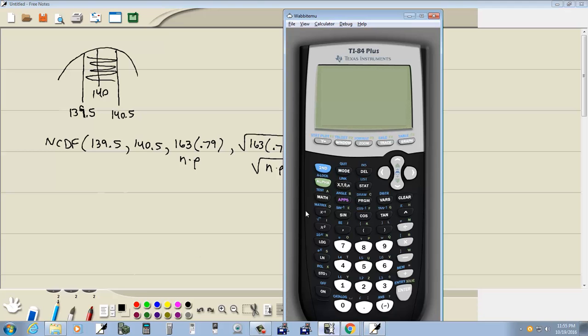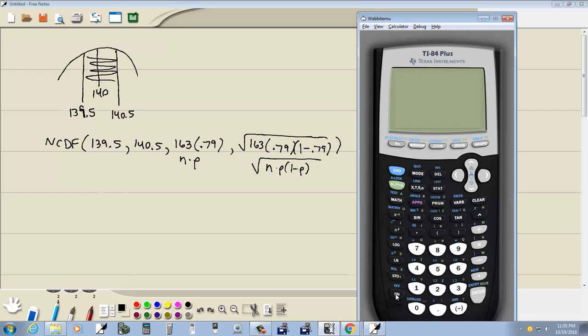Okay, so we're going to have second bars, normal CDF, 2, and we got 139.5, comma, 140.5, comma, 163 times 0.79, comma, square root, so second x squared, of 163 times 0.79, and I'm messing up here, and then 1 minus 0.79.